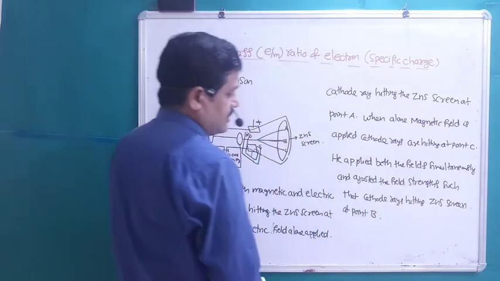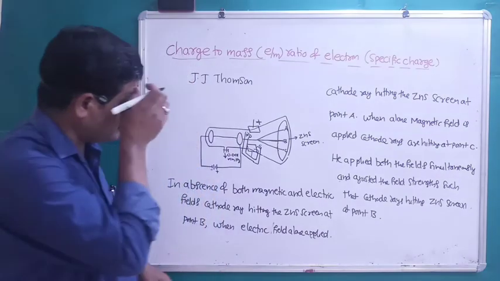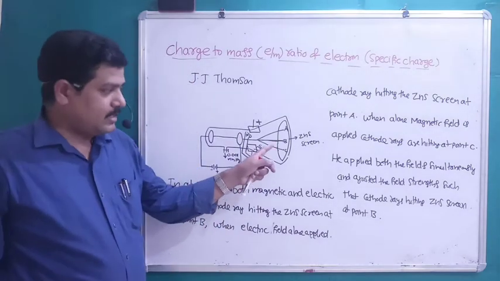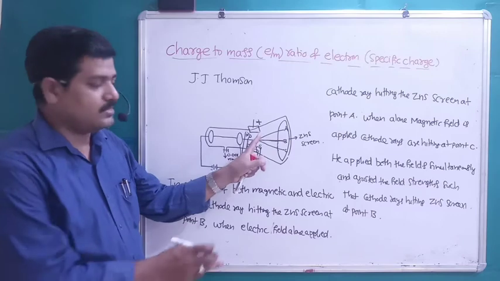Again, the cathode rays hit point B, where they hit when there is no field.